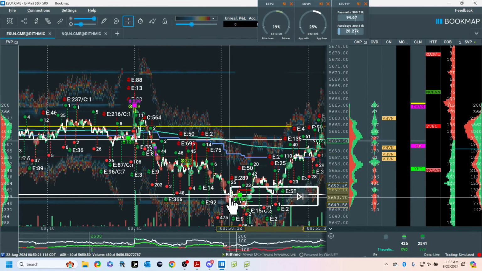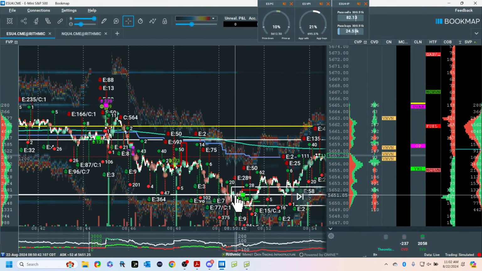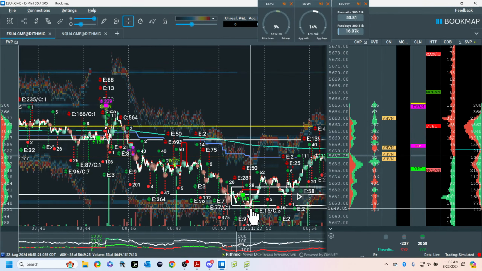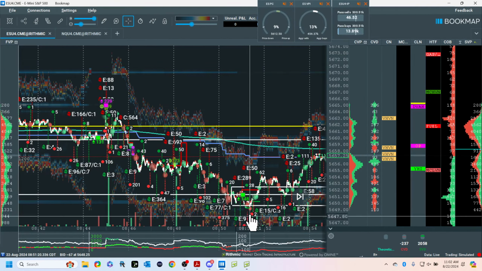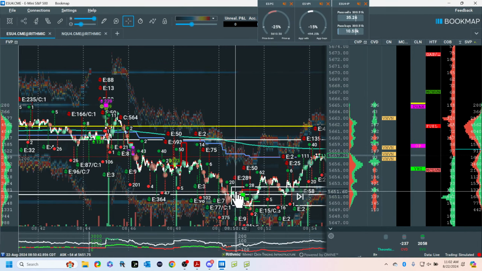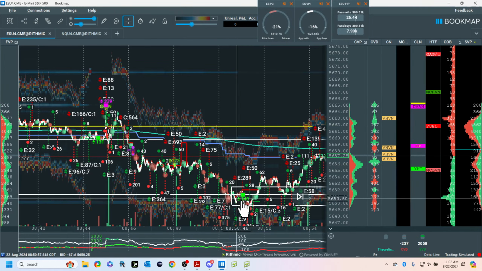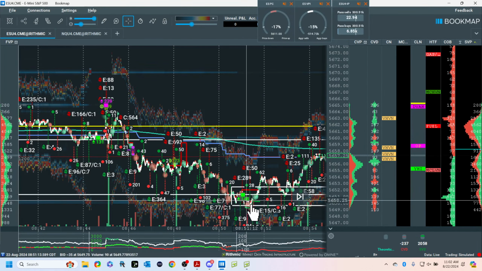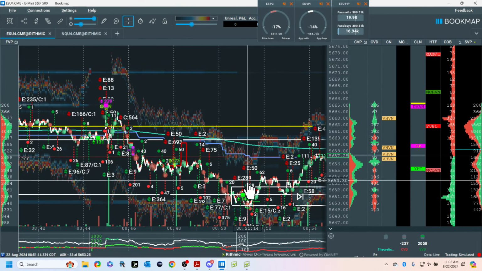I can't predict anything. I know right here, I have my sellers. I see a buyer here. That's absorption. We get below this buyer. So as far as I'm concerned, this is still going lower. When I break above this and this sell delta, then it's a potential change.